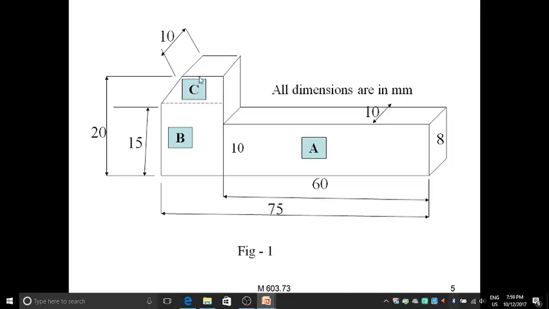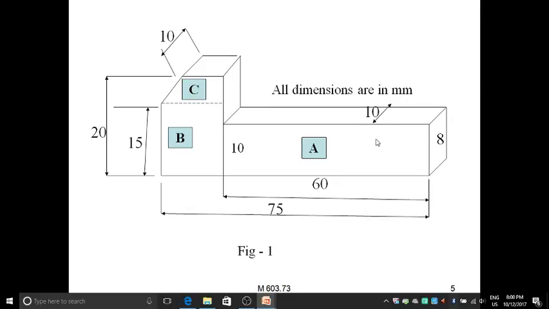Now you can see here the maximum height of this jib headed key is 20 mm. So by taking 20 mm diameter, we need to produce the jib headed key with the help of forging operation. You can observe all the dimensions here.